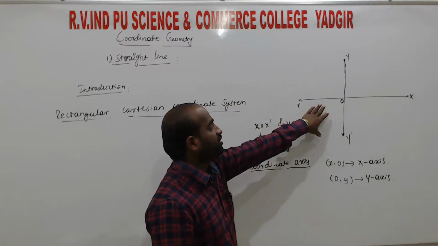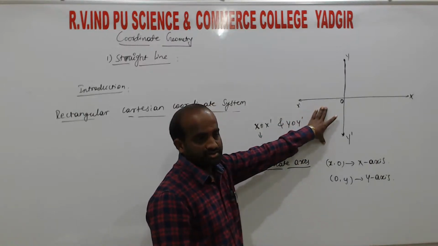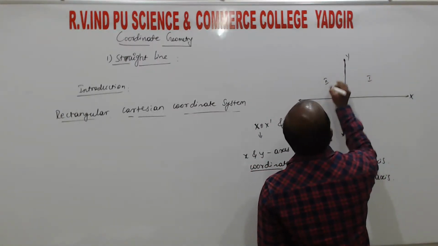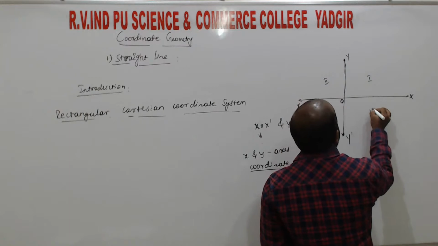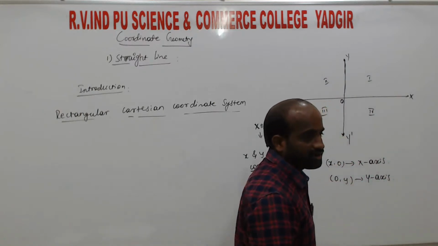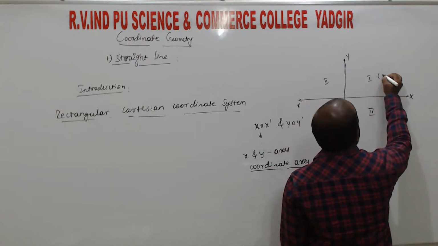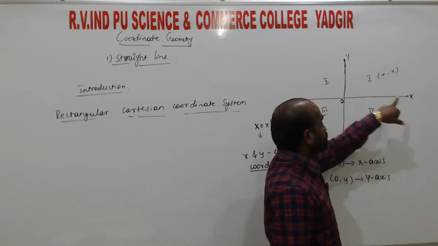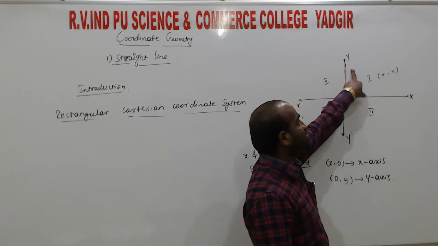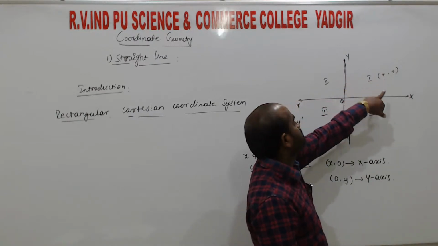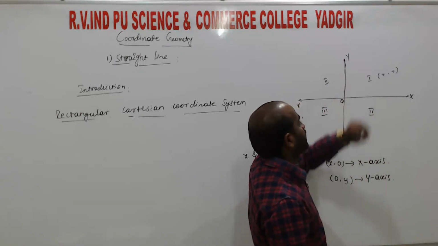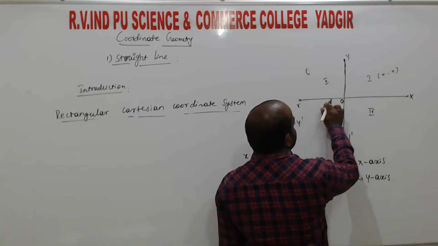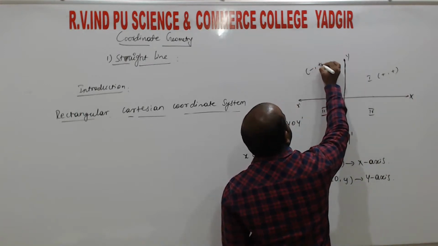This plane is divided into four quadrants: first quadrant, second quadrant, third quadrant, fourth quadrant. In the first quadrant, x and y are both positive. In the second, x is negative and y is positive.